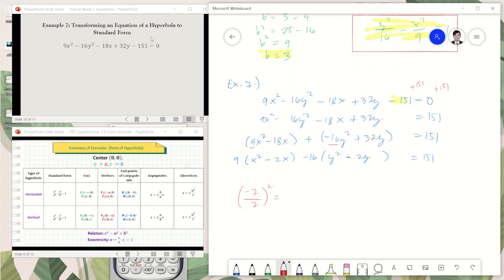So, negative 2 divided by 2 is negative 1, and then squared, just a 1. So, you need to add a 1 in here, but whatever you do on the left, do on the right. You're adding a 1, but take note, outside our group, there's a 9 outside it. So, it must be 9 times 1.